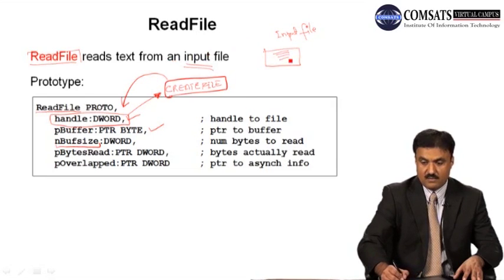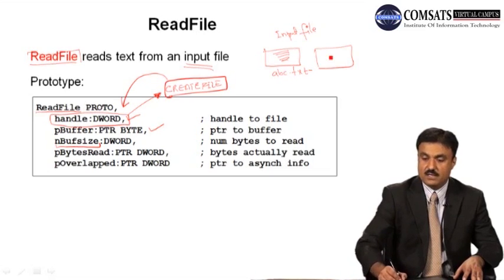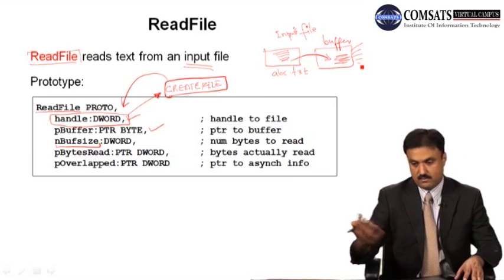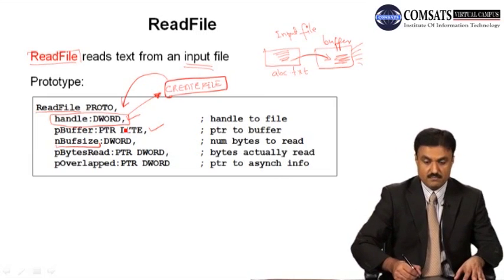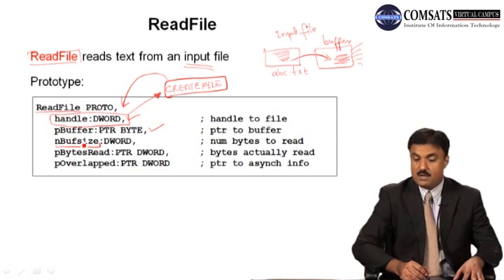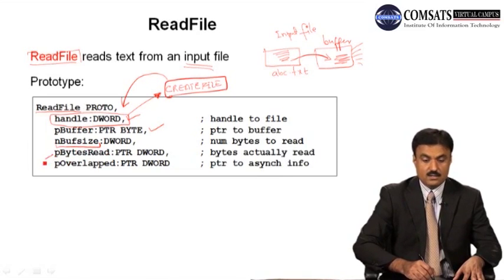So we are going to open a file, and the file name is, for example, abc.txt, and after that, here is the buffer area inside the memory, and you will read information at this point, and then you can display the information, whatever purpose you are reading it for. Then you have to define how many bytes you want to read, and the next parameter will give you the actual number of bytes you have read.